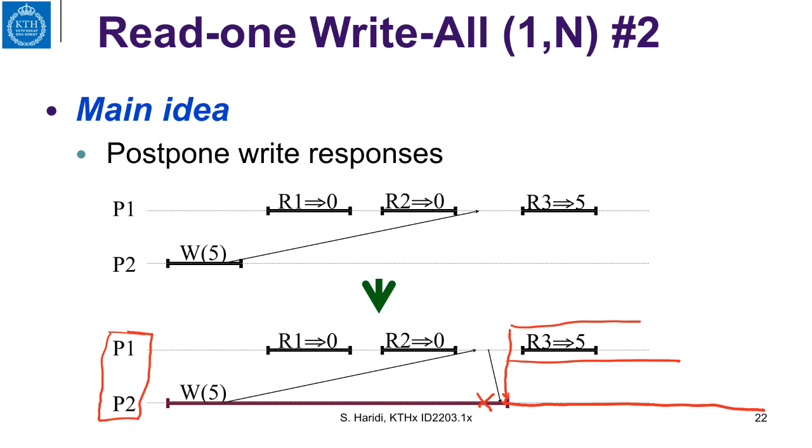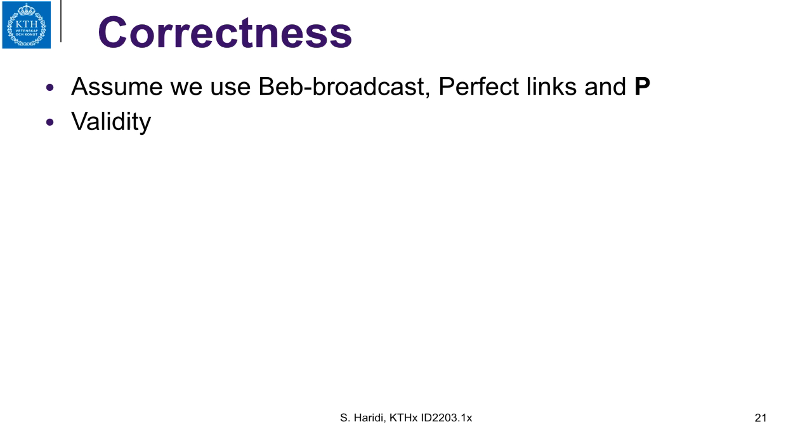So it will read 5, which is again correct according to the specification. To say it one more time, a writer that failed means that its last write operation will have an invocation but no response. So it's as if the operation is concurrent forever. Therefore, any read might return that overlapping value or a previous value according to the specification of this algorithm. Now let us look at the correctness of the algorithm.